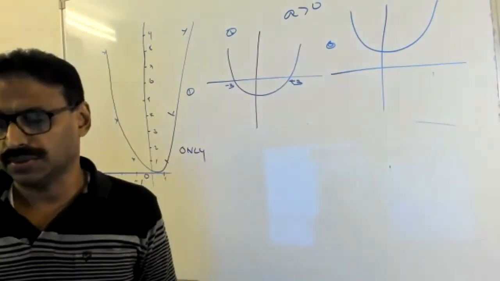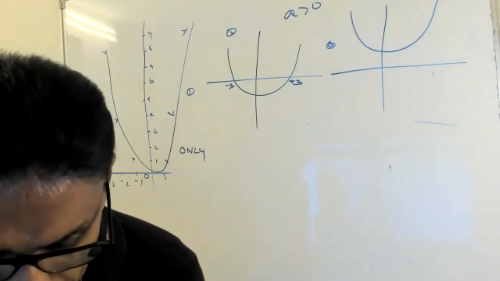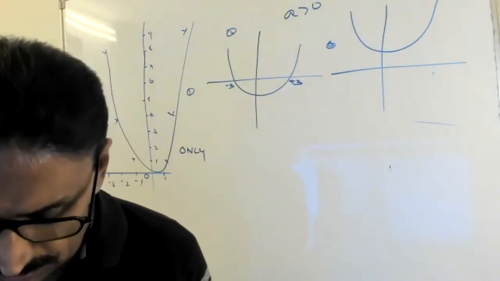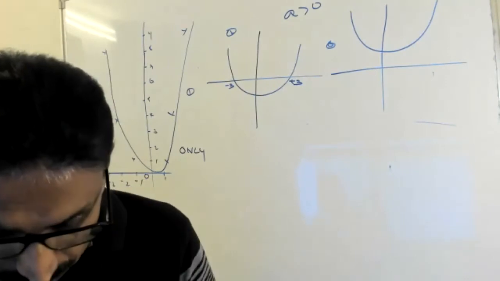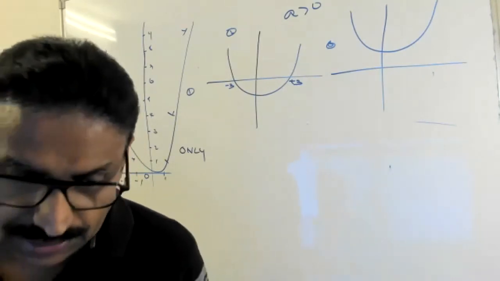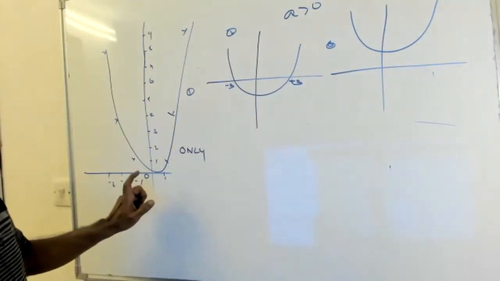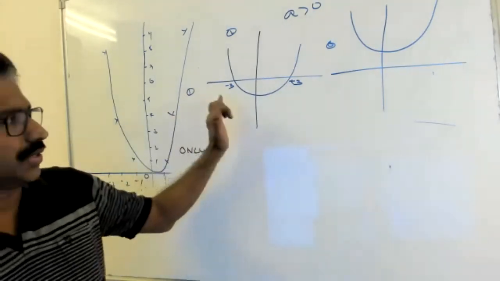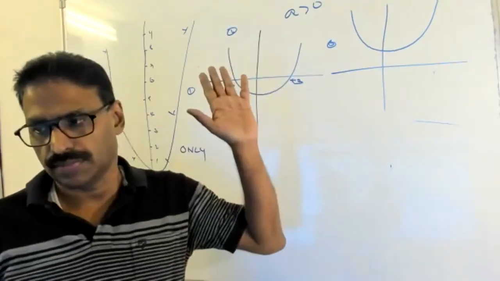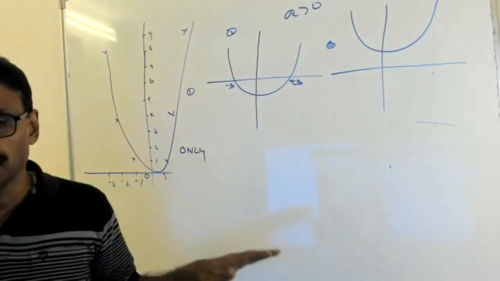The number of zeros is where the parabola crosses the x-axis. Its x coordinate is called the zero. Here only 1 zero, here 2 zeros, here no zeros. Open up or open down depends on the value of A.